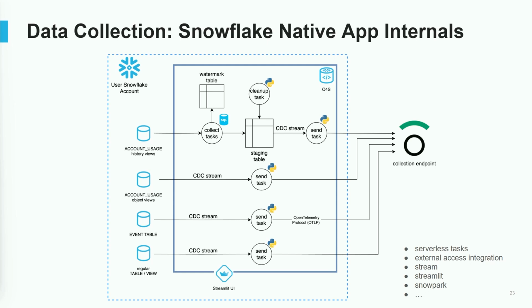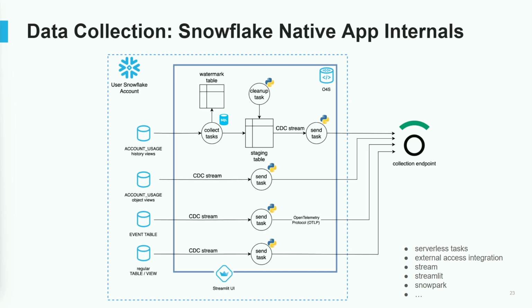It effectively acts as a data collector or connector running inside the customer's Snowflake account and pumping data to our platform. As you can see, the blue box is the customer's Snowflake account.